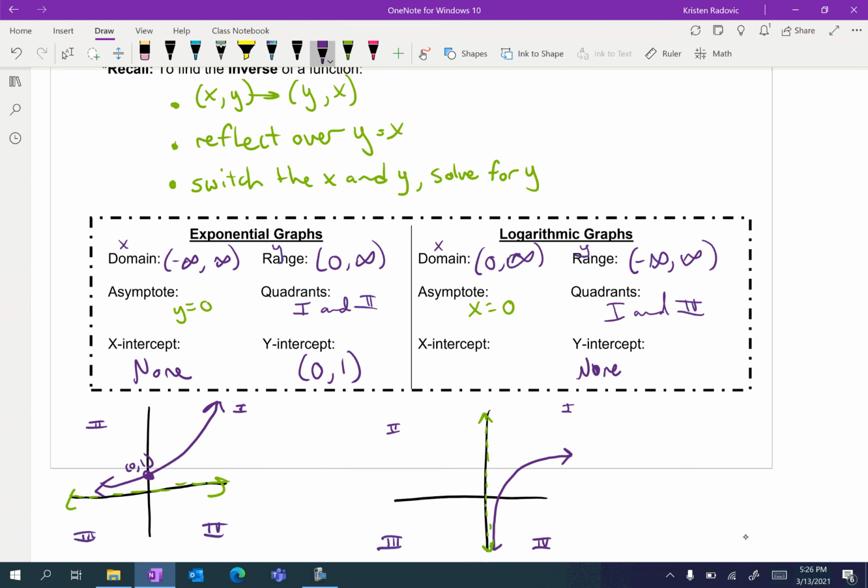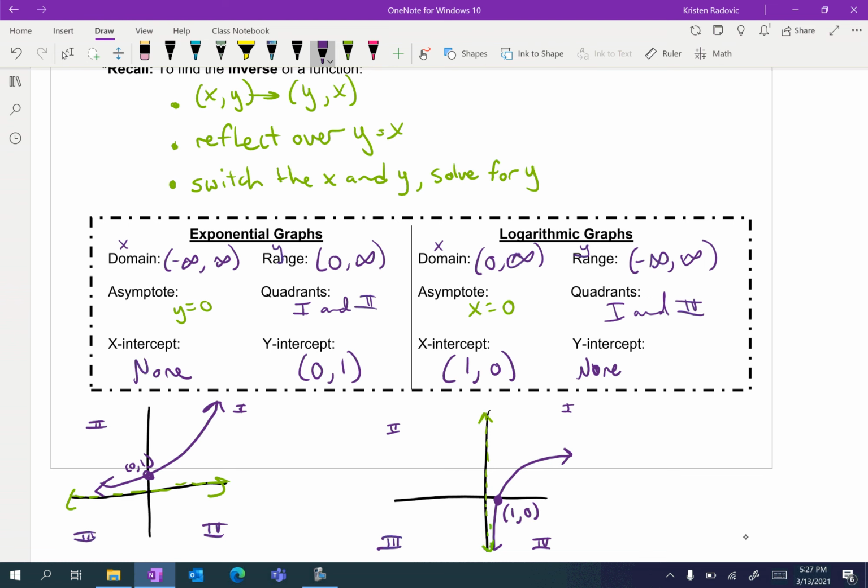Because of that asymptote at x equals 0, I can't touch the y-axis. Now, my y-intercept for exponentials was 0, 1. My x-intercept for logarithms is going to be 1, 0, provided, again, that there's no shift going on.